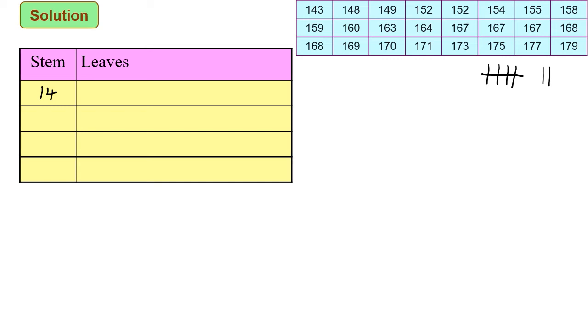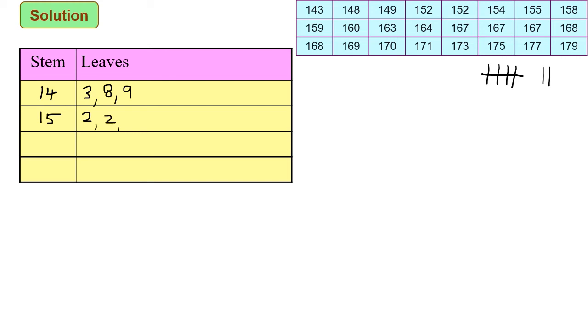So 143, the 3 will be at the back here. And then 148, 8 here. And then 149, 9 here. So we're done with the first stem, 14. And then move to the next stem, that is 15. At the back, we have 152, 2 times.